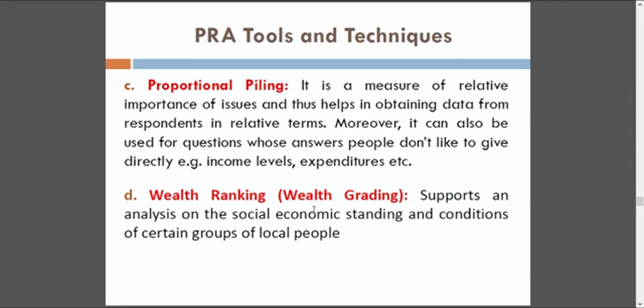Okay, we also have wealth ranking or wealth grading, which supports in the analysis of socioeconomic standing and conditions of the local group. So you want to see how wealthy a given community is, or how poor a given community is.